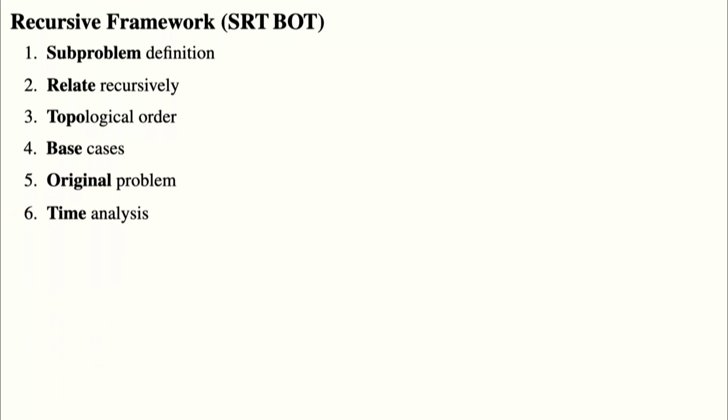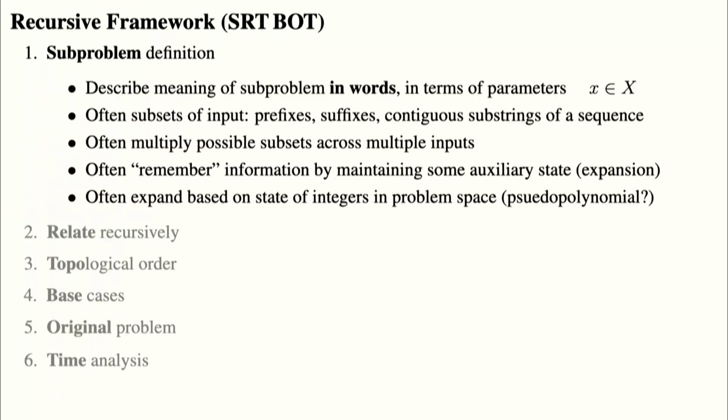Then state how you solve the original problem, which might involve combining many subproblems, but frequently is just finding one subproblem, and possibly storing parent pointers to return an optimal sequence or something like that, and then analyze the time. Now, the last one isn't really important for solving a problem recursively, but in this class it's really important because we want to tell whether the algorithms that we make are efficient. So let's dive a little deeper into each one of these things.